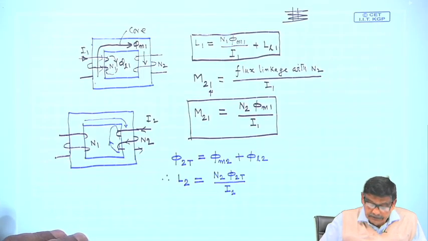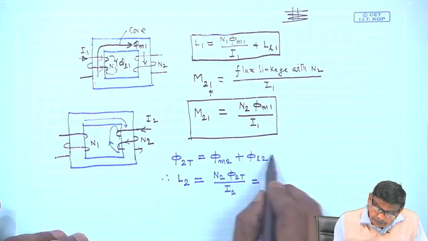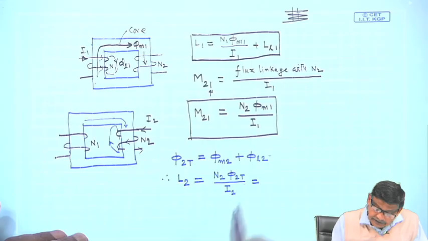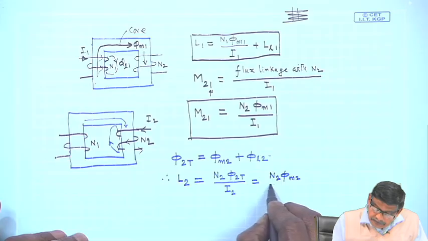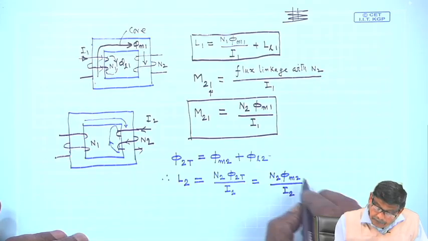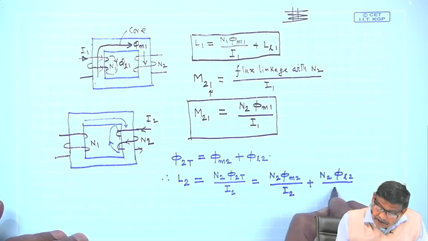After you put these two things here, it can be broken up into N 2 phi m 2 divided by I 2 plus N 2 phi L 2 divided by I 2.